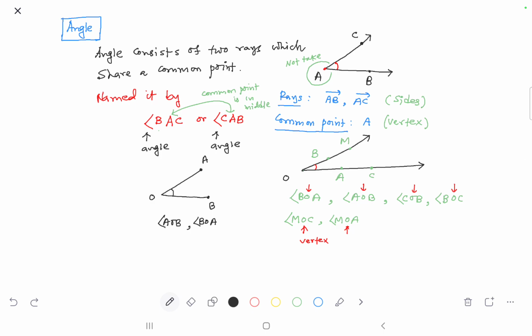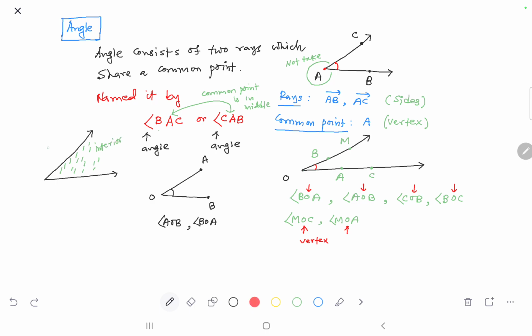And now the question here: any angle actually has two parts. One is the interior part, the other is the exterior part, right? Yes. All right. So, for example, if we take this kind of angle and I put it here, this part, the green color, this region, we call the interior.